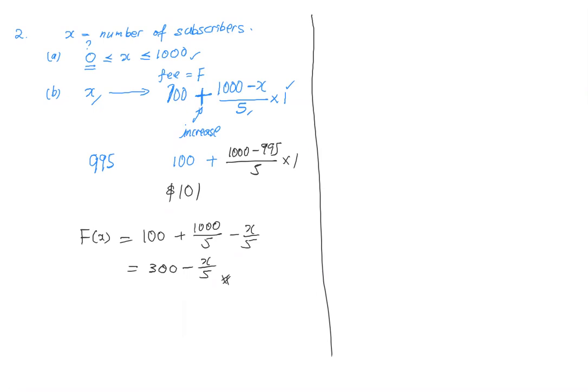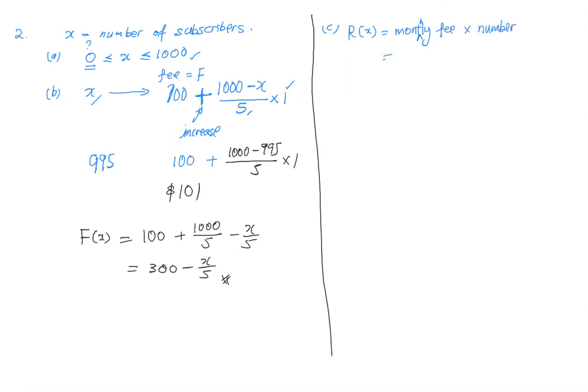Okay, then after that, show the revenue. See how to find revenue. Revenue means income. So to have the revenue, you have to take the monthly fee times the number of subscribers, correct?